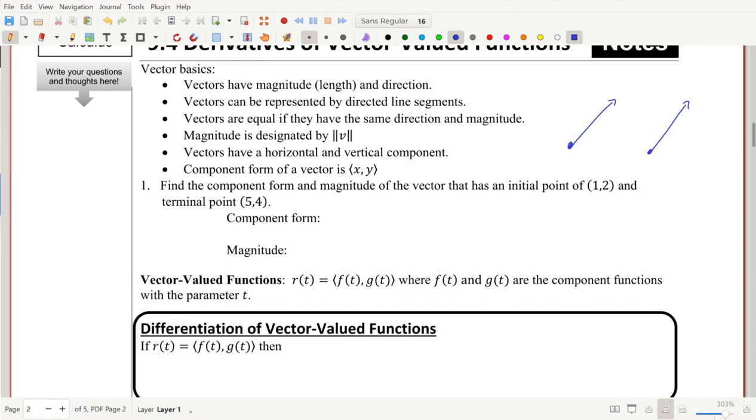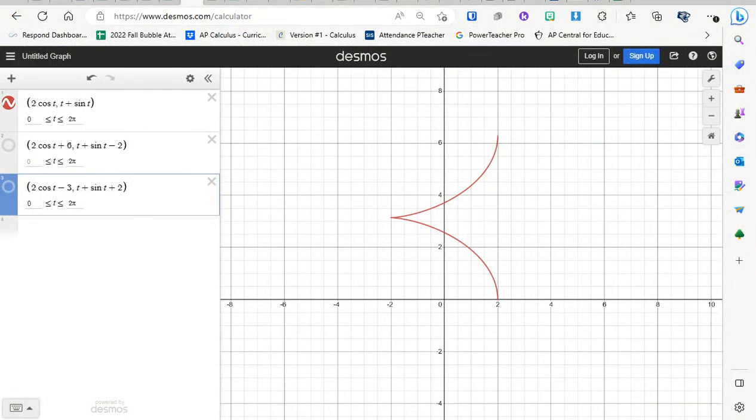A way of visualizing that, I did graph the vector equation from the previous page. Hopefully I didn't make any mistakes. Yeah, t cosine t plus t sine t. That equation, if I was saying parametric equations, this would be our only shape. This would be our graph. But because vectors are the same no matter where they are, any one of these graphs could be that vector equation.